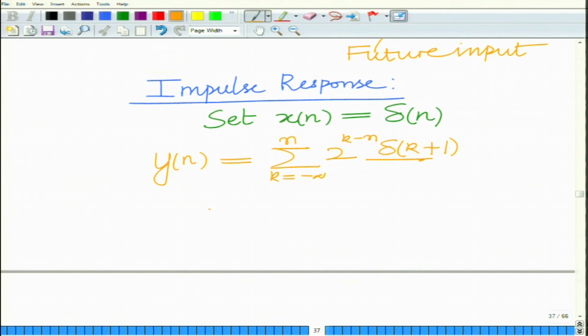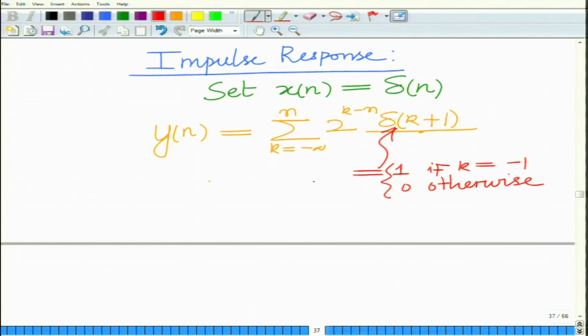And remember, delta[k plus 1] is equal to 1 if k plus 1 equals 0, which implies k equals minus 1, and equals 0 otherwise.